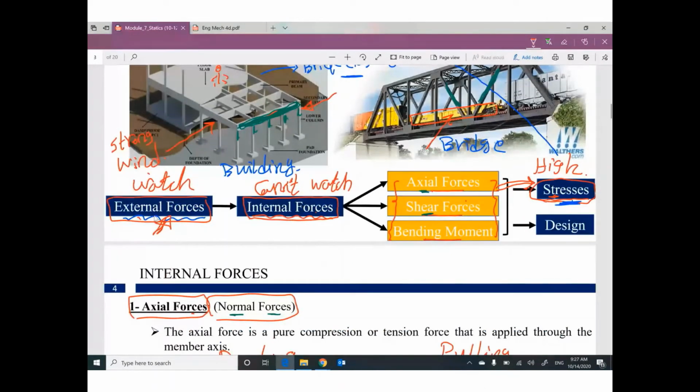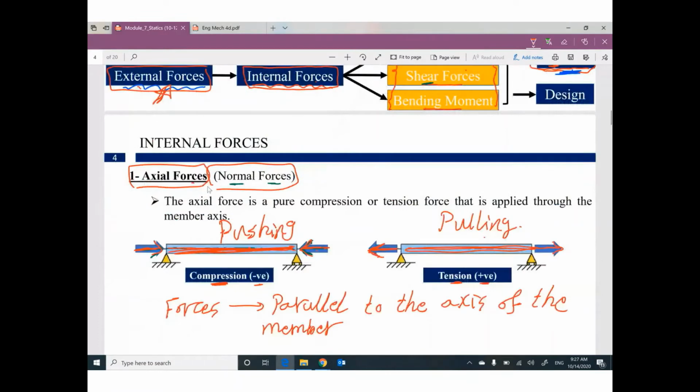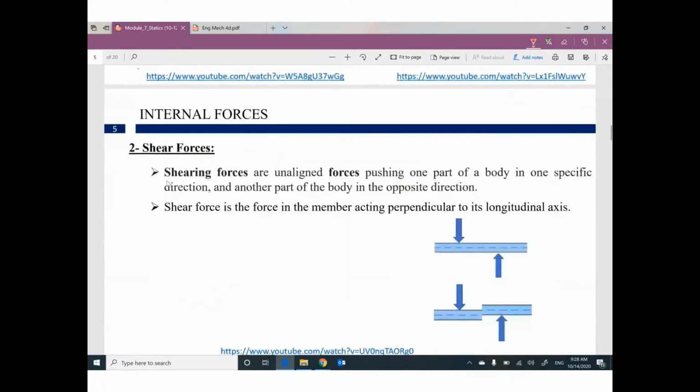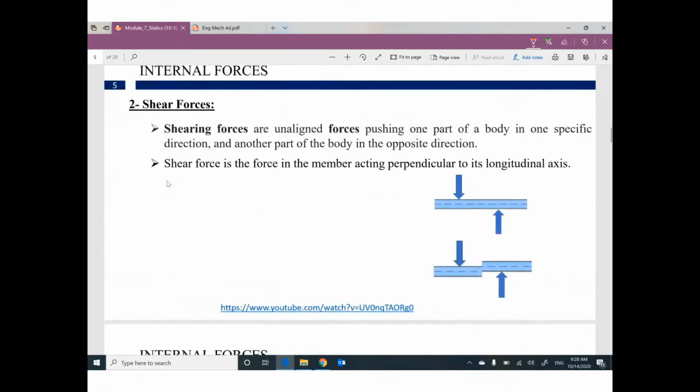I can watch people, furniture, trains, trucks, cars on the bridge. But I cannot watch the internal forces. I cannot watch the axial force, but I can feel it. This is axial force right now in the parts of the structure, the components of your building, of your apartment. Sometimes we have internal forces that look like shear forces.